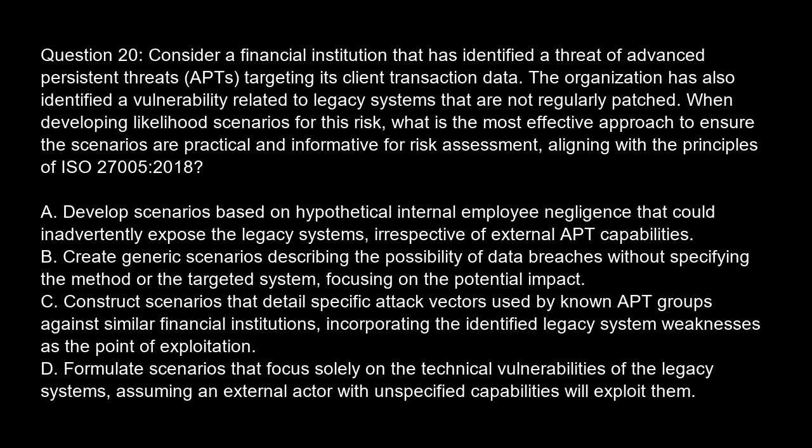Option C. Construct scenarios that detail specific attack vectors used by known APT groups against similar financial institutions, incorporating the identified legacy system weaknesses as the point of exploitation. Option D. Formulate scenarios that focus solely on the technical vulnerabilities of the legacy systems, assuming an external actor with unspecified capabilities will exploit them.